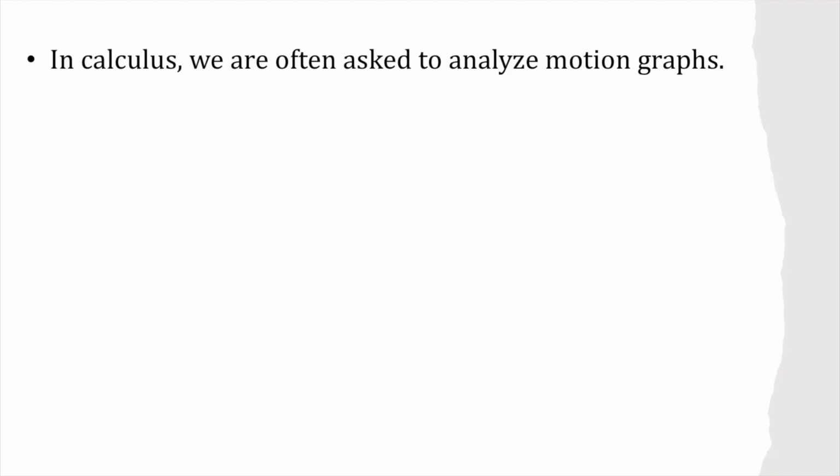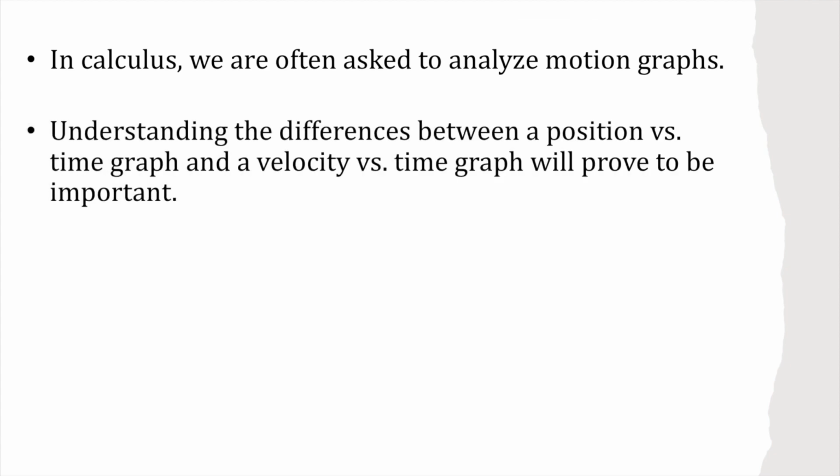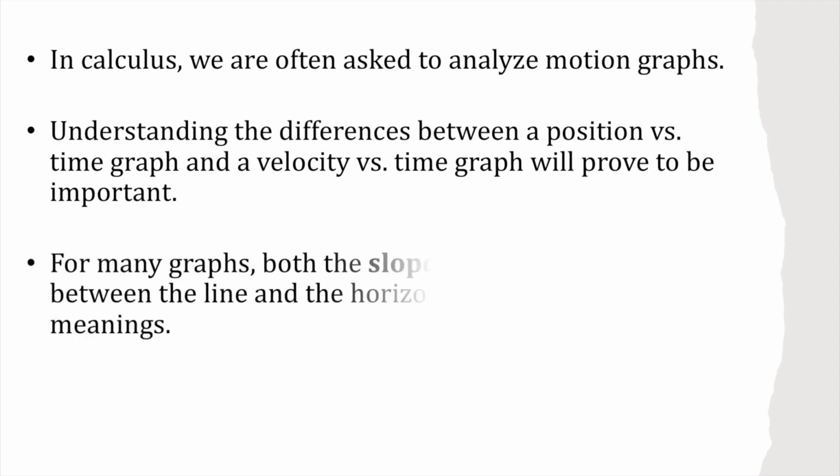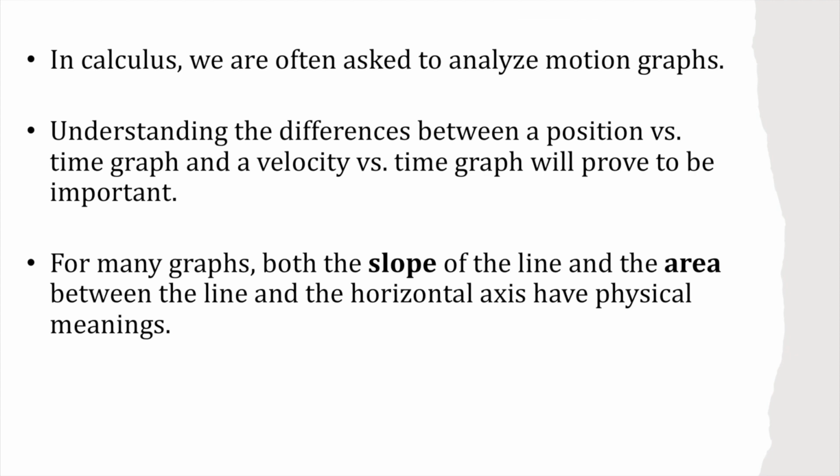So in calculus, we're often asked to analyze motion graphs. But there are different kinds of motion graphs. Sometimes it's position versus time, and sometimes it's a velocity versus time graph. For many graphs, the slope of the line and the area between the line and the horizontal axis have physical meanings.